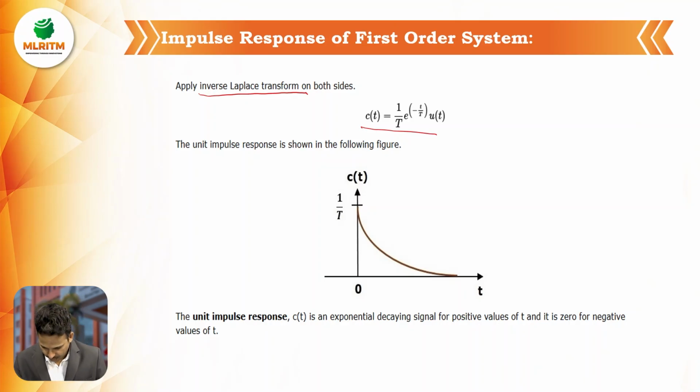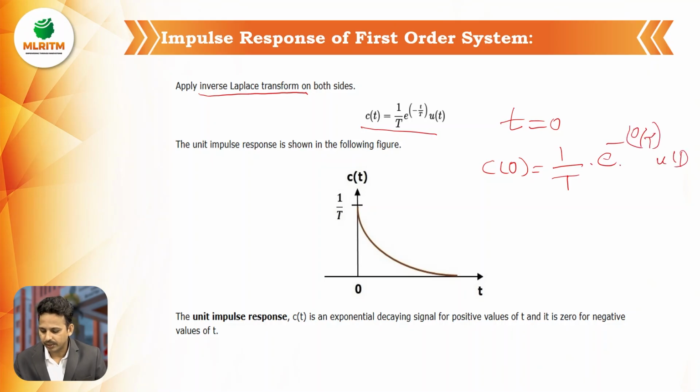Substitute t is equal to 0 in this C of t. So C of 0 is equal to 1 by tau into e power minus 0 by tau into u of t. Something by 0 is 0, so e power 0 is 1. So finally 1 by tau is the value of C of 0.